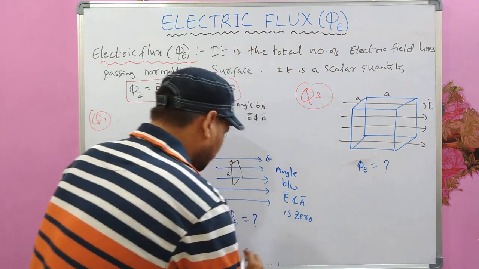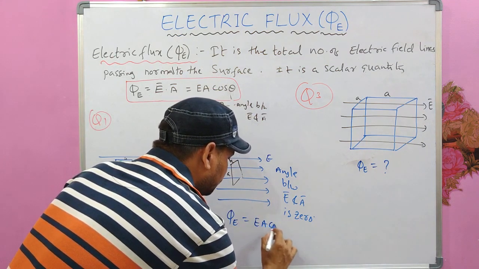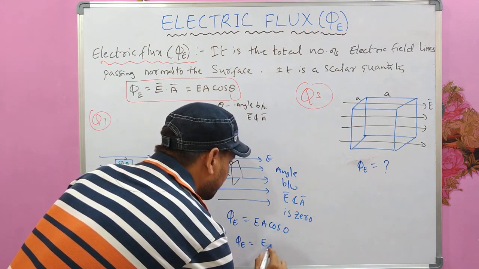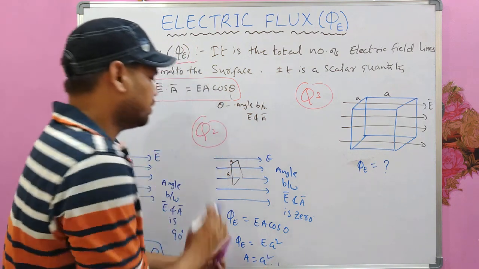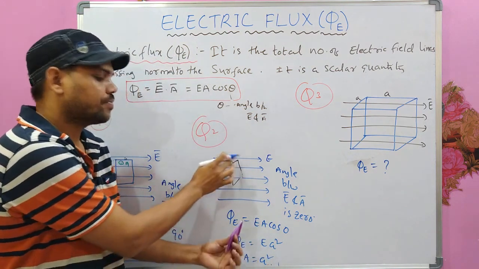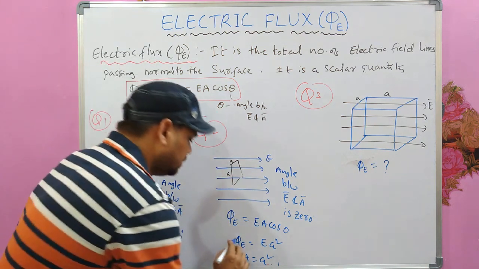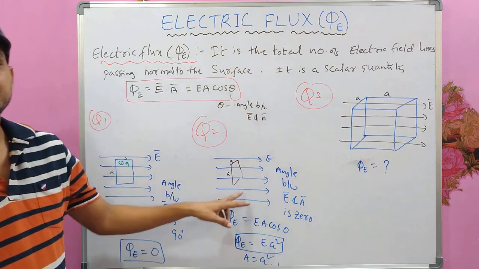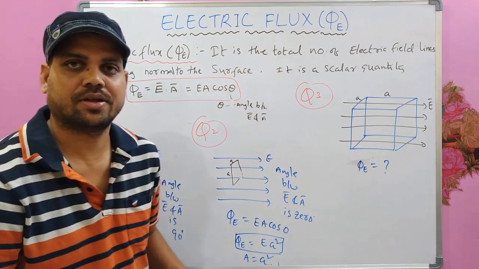So phi E will be EA cos 0. Phi E will be E A squared, where A is the side of the square. So this is the flux here. This is for a 2D surface.